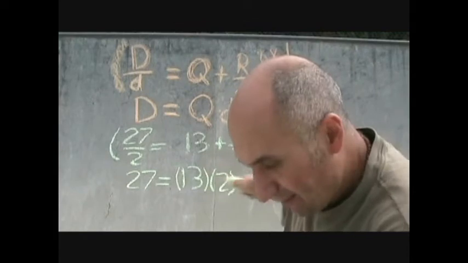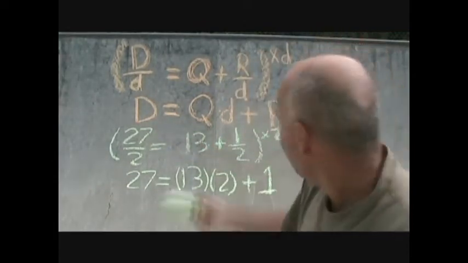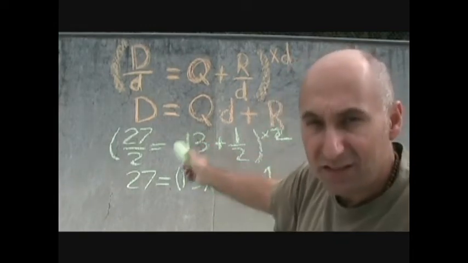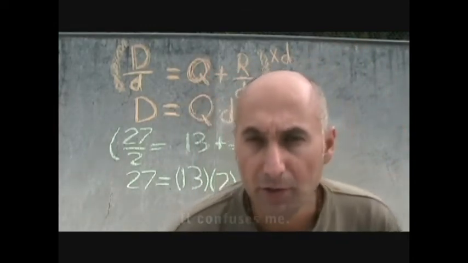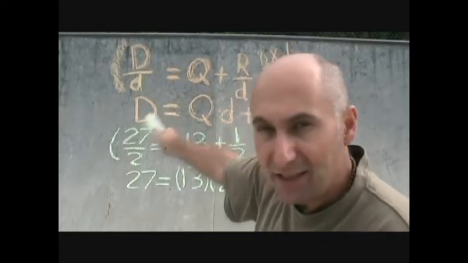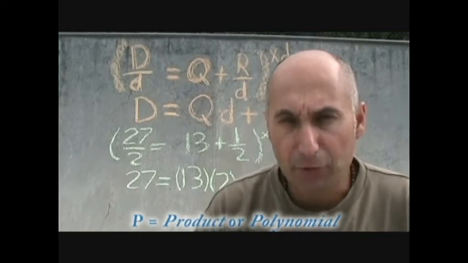Now this is our division statement, which is this one really. Now, we got two different types of D's in here, and I personally don't like the two different types of D's. So what we're going to do is call the big D a P, which represents the product.